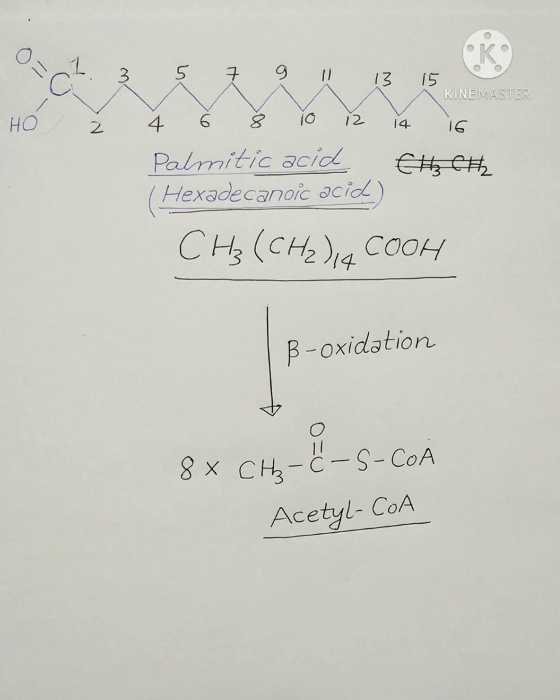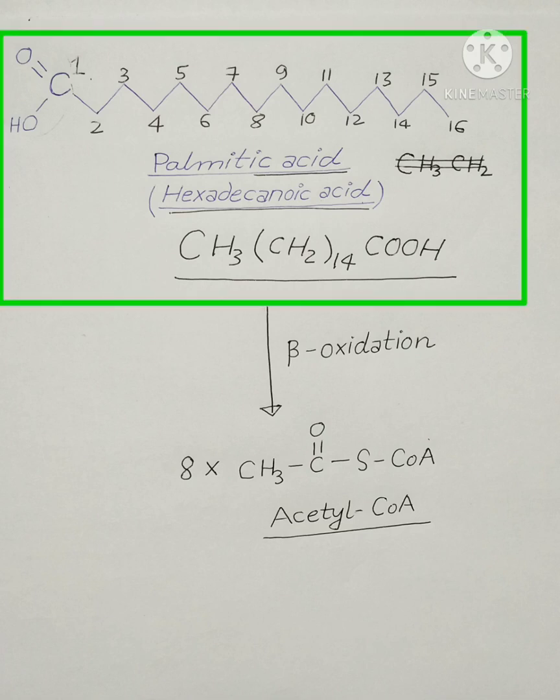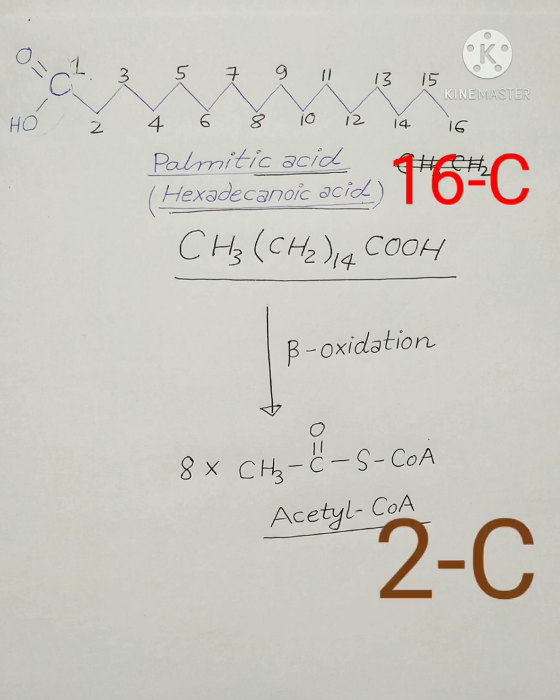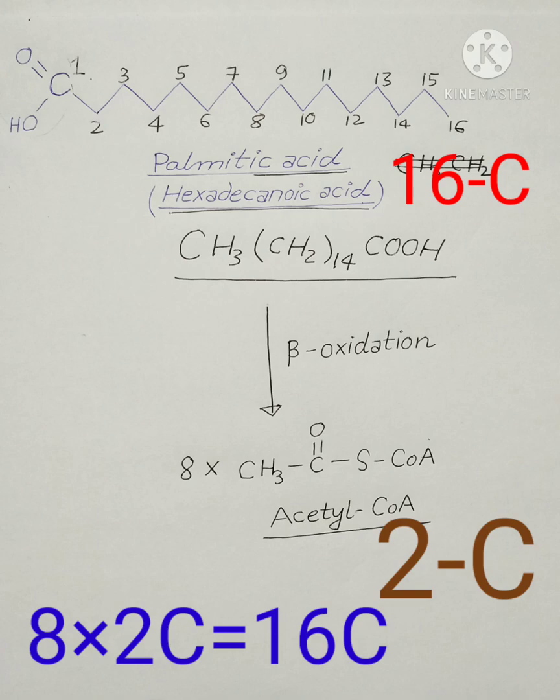For example, a 16 carbon carboxylic acid will form 8 molecules of acetyl coenzyme A, because acetyl coenzyme A is a 2 carbon compound and palmitic acid has 16 carbons.